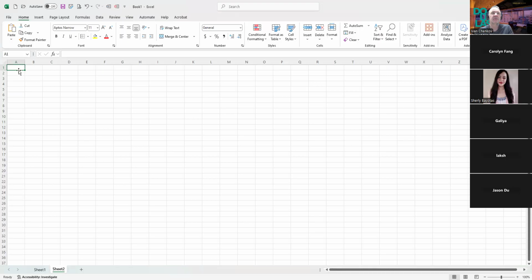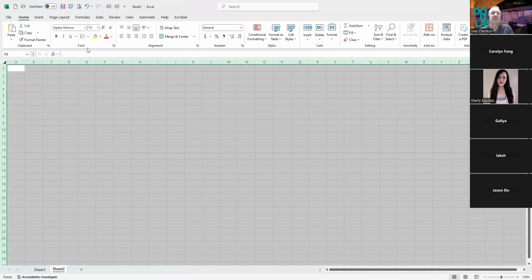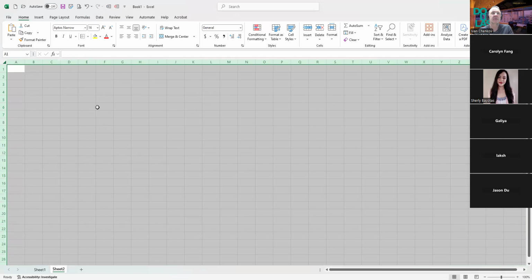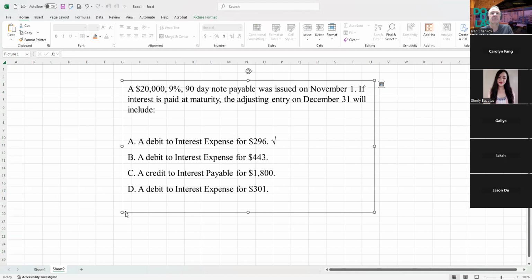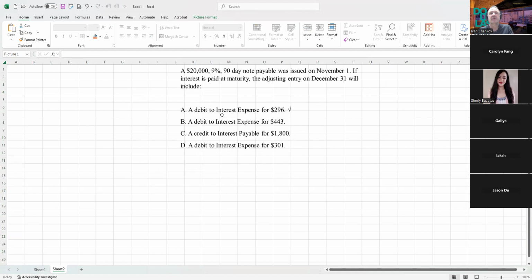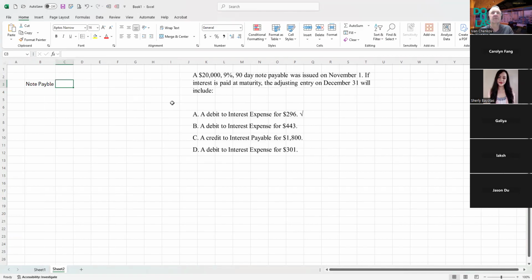Let's move to that Excel spreadsheet. Let's open a new worksheet. Let's make some adjustments here first. Make it a little bit bigger so you can see the screen. Paste this as a picture. That's our question. So now let's see what we have. We have a note payable, correct? And the value for that note payable is $20,000.